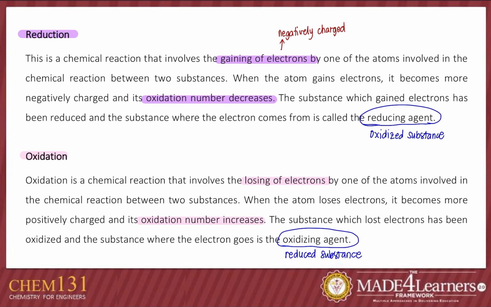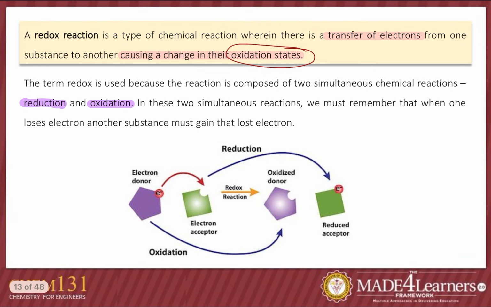So let's go back to the picture, meaning the pentagon here that underwent oxidation is the reducing agent. It is the cause of the square undergoing reduction. So it's the reducing agent causing this square substance to undergo reduction.